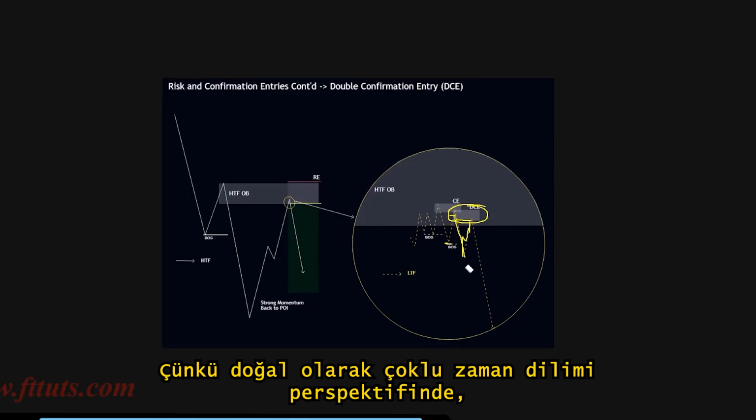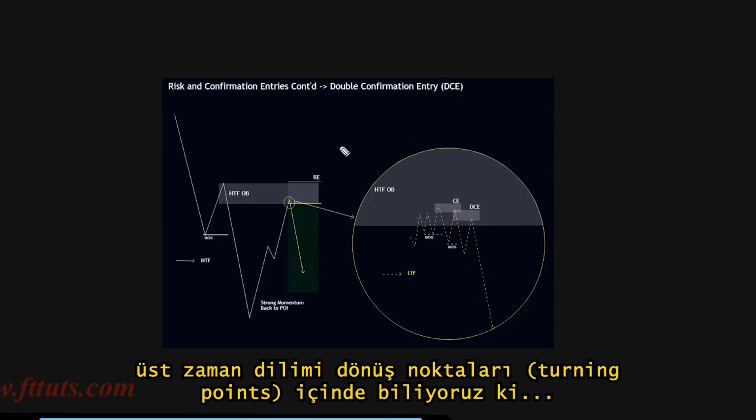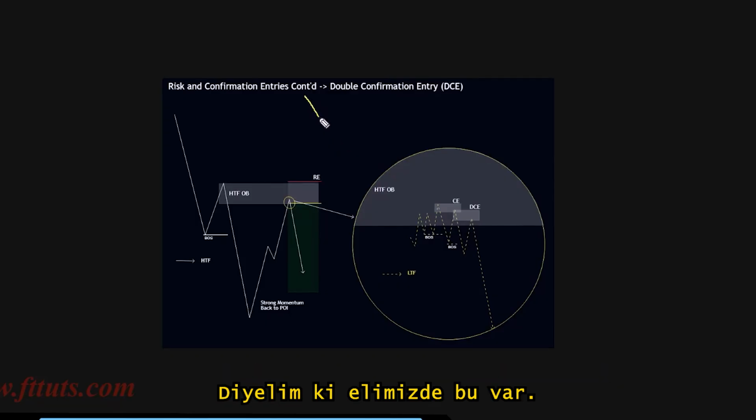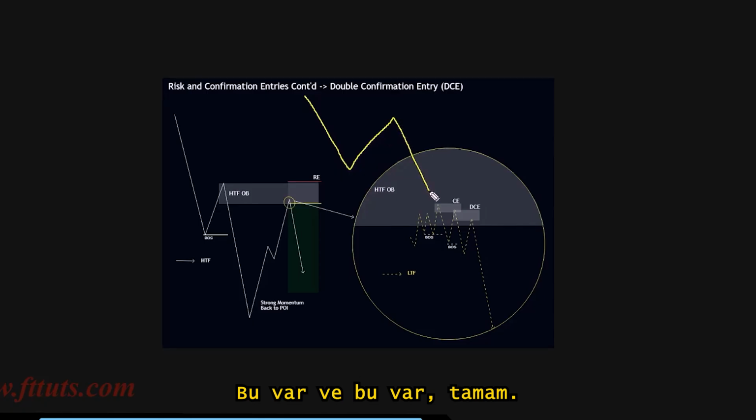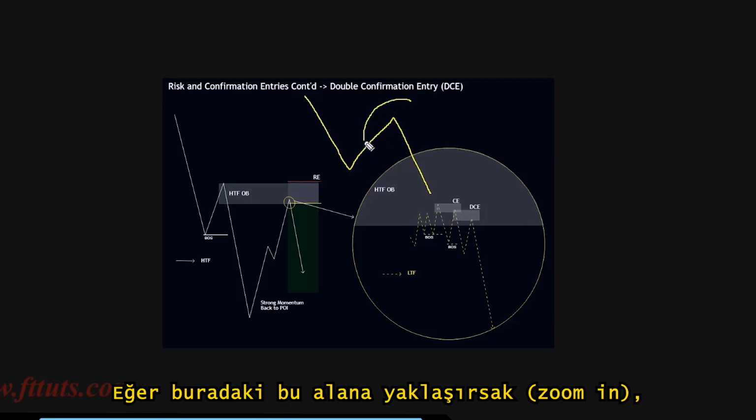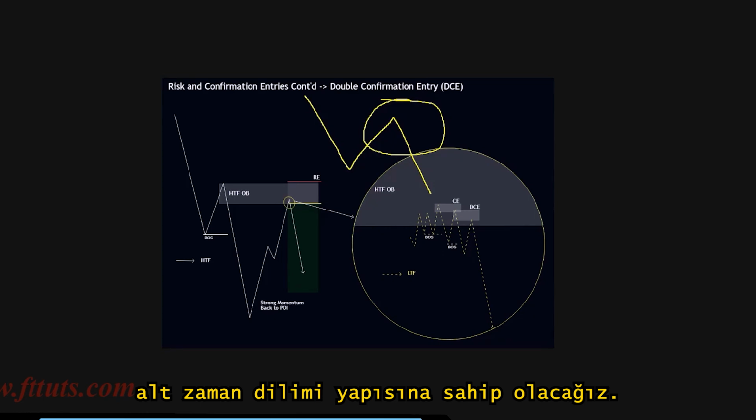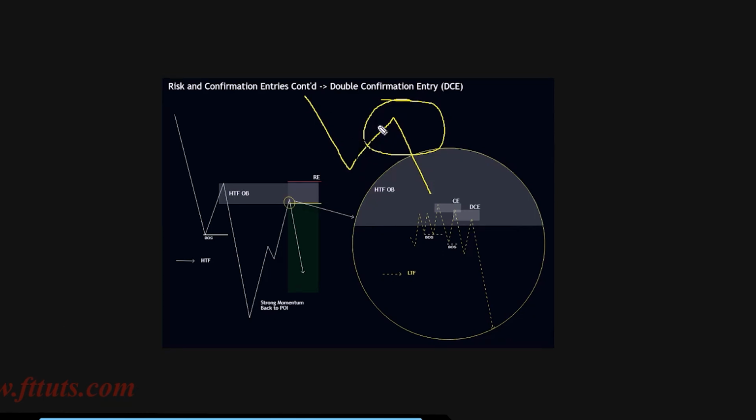Because naturally, on a multi-time frame perspective, we know that within higher time frame turning points, let's say we have this, we have that, and we have this, if we zoom in on this area here, we're going to have lower time frame structure moving up and down.